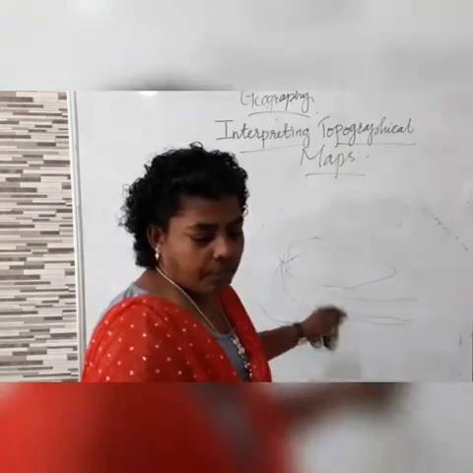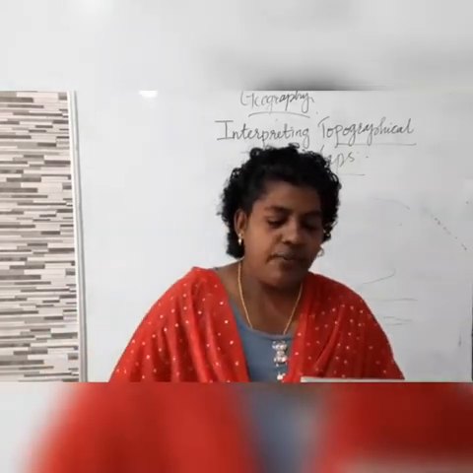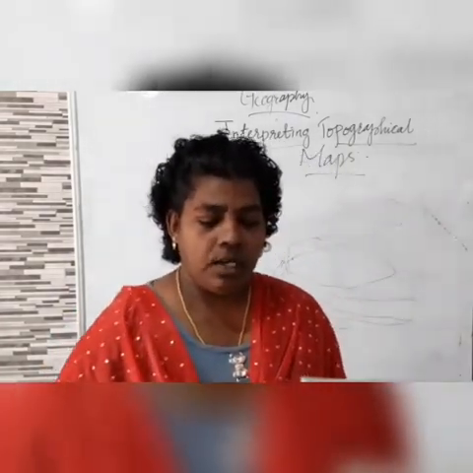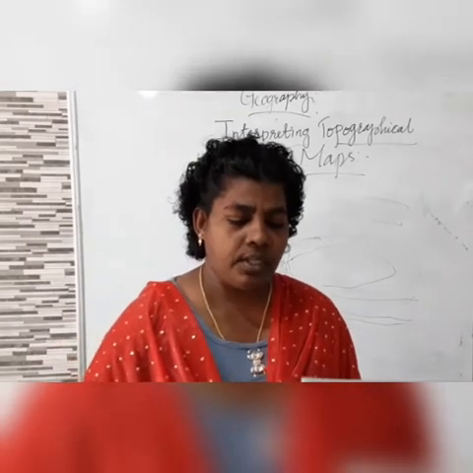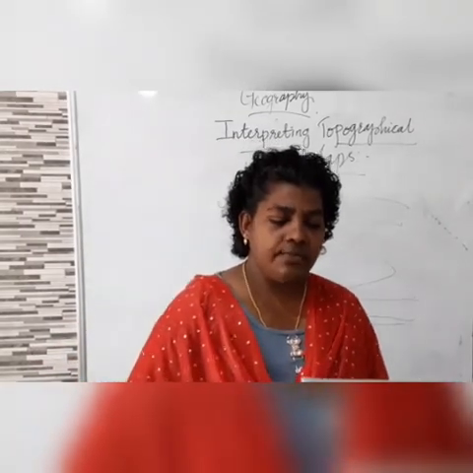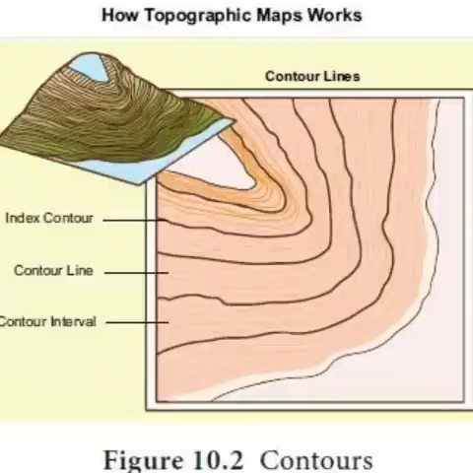Okay, here also a number will be given. So a cliff is a vertical or near vertical land feature. The landform rises vertically from the lower ground.